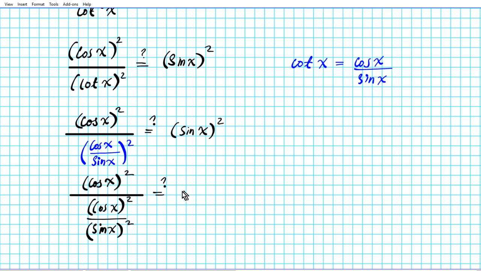Is this equal to sine x squared? Now you can see the complex fraction situation I was speaking of earlier.